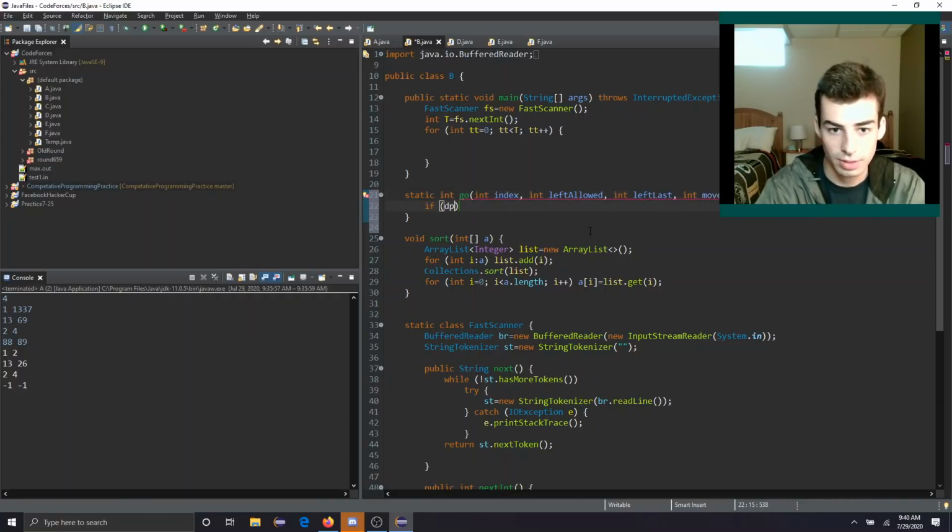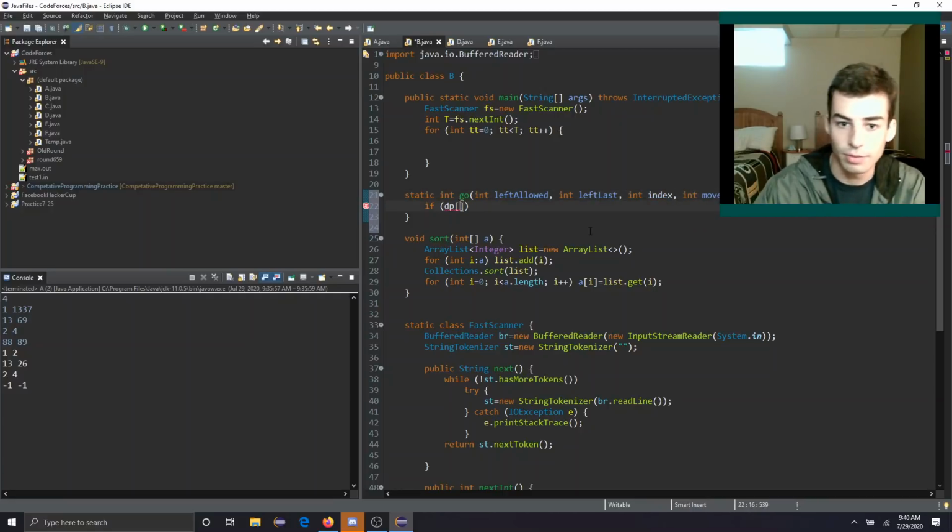Okay, so if dp at, let's reorder these so it runs faster maybe. Okay, dp at left allowed, left last, index is not equal to -1, then return that.